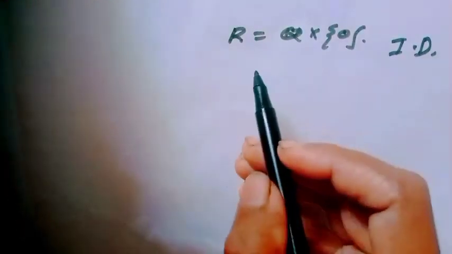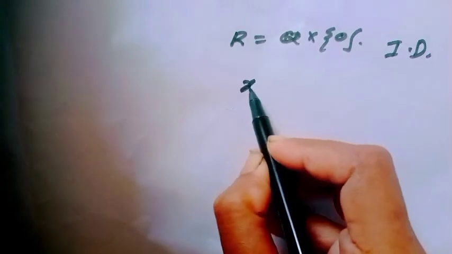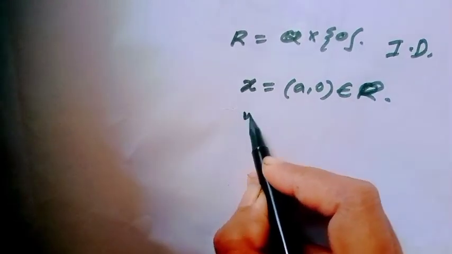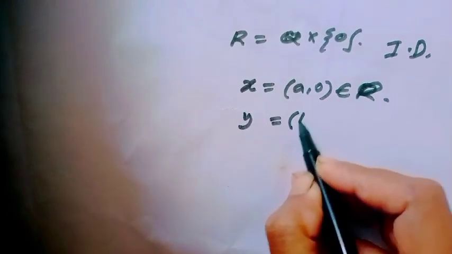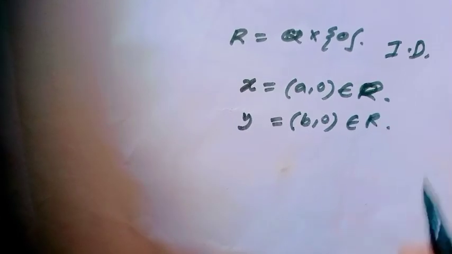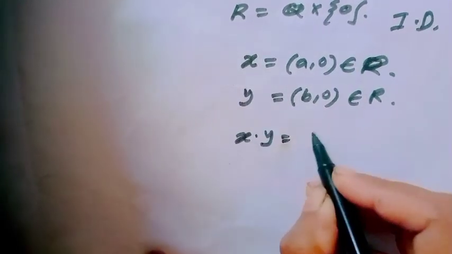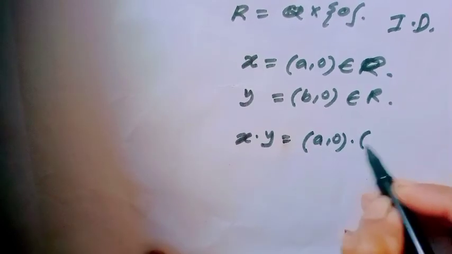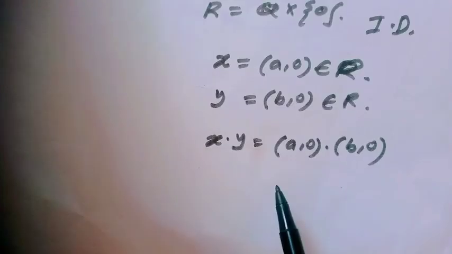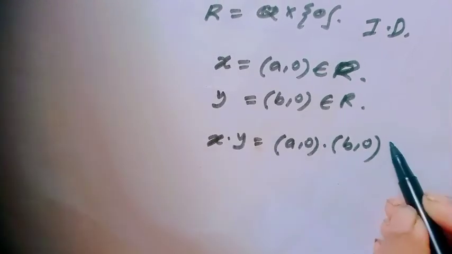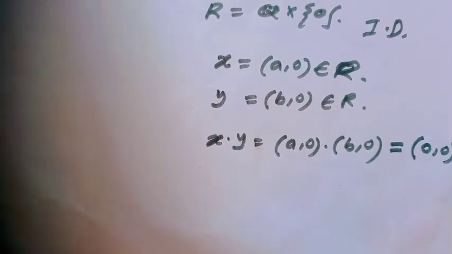That means we have to check whether there exists any divisor of 0. Consider two arbitrary elements, x equal to (a, 0), which belongs to this ring R, and another arbitrary element y equal to (b, 0), which also belongs to this ring R. Then x times y would be (a, 0) times (b, 0), and for a divisor of 0, this is equal to (0, 0).